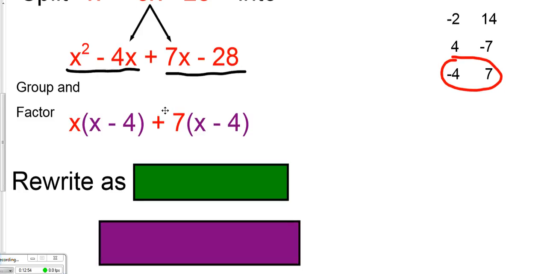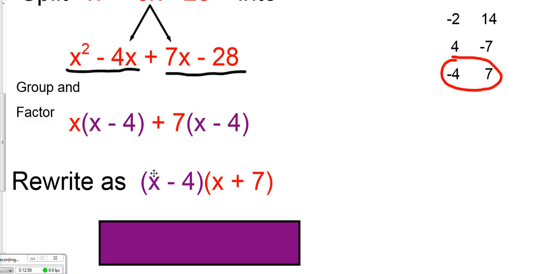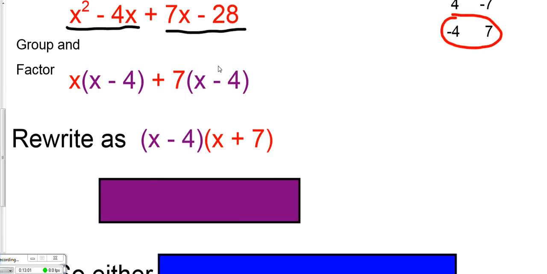Now I have an x plus 7. So our distributive property would tell us that this is the same as saying x minus 4 times x plus 7. Right? It's like we did a double distribute or a FOIL, and this is the same as this up here.